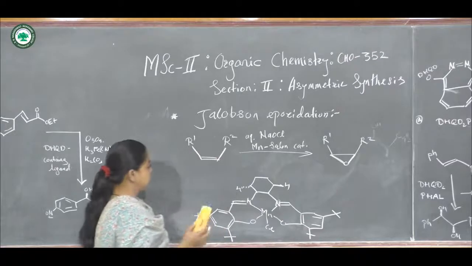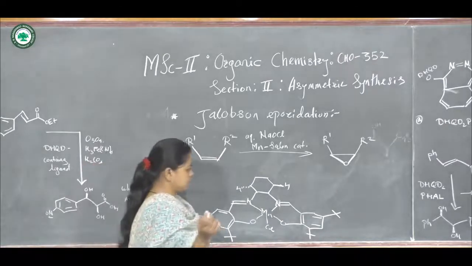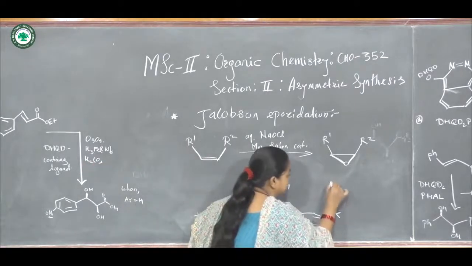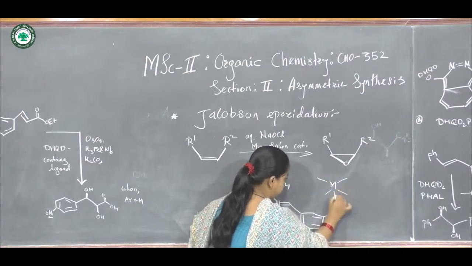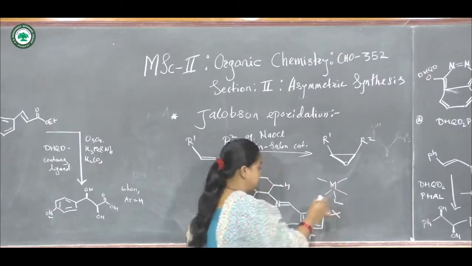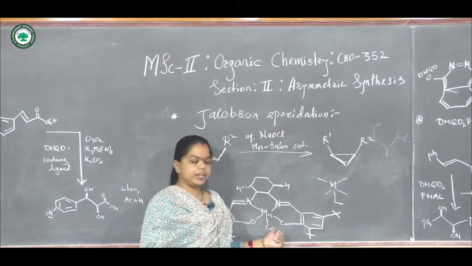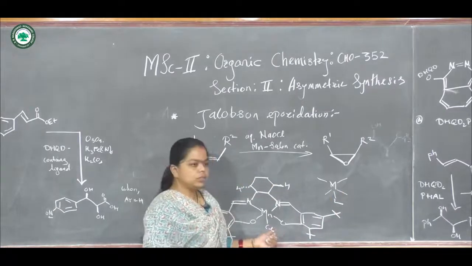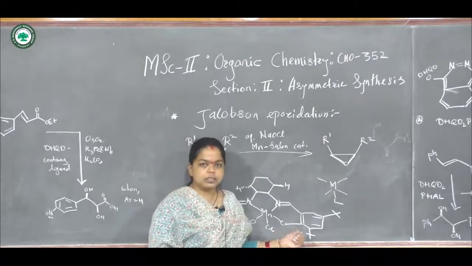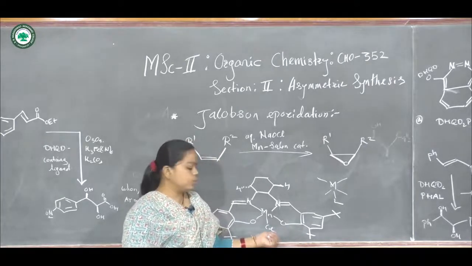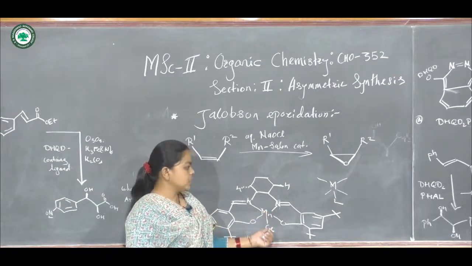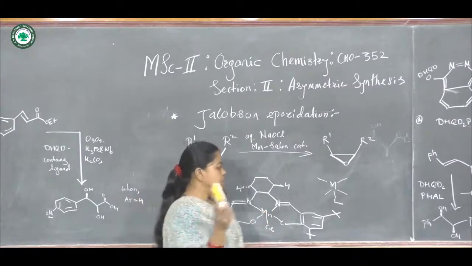If we consider the general mechanism for this, chlorine acts as the ligand here. Instead of chlorine, nitrogen analogues or N-oxide compounds can also be used in order to coordinate this metal.